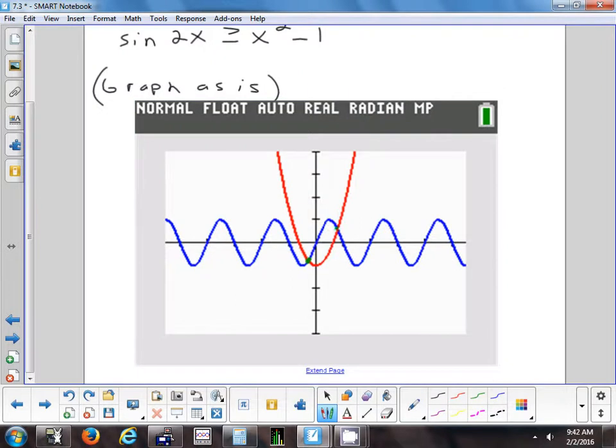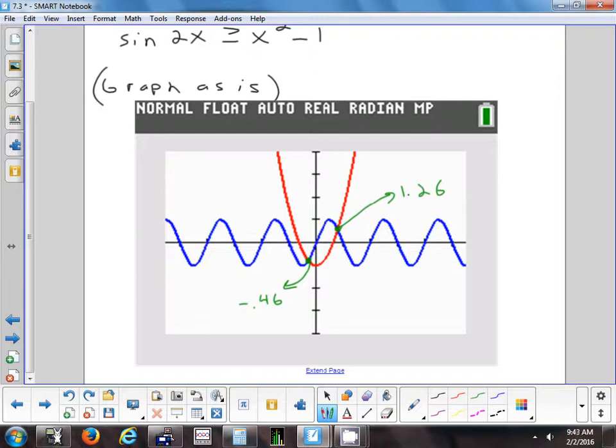Find this point and find that point, which, let's see, do they give me those? Negative, this is at negative 0.46. And the other one is at 1.26. Okay, so we did our intersect. We've got the two x values.